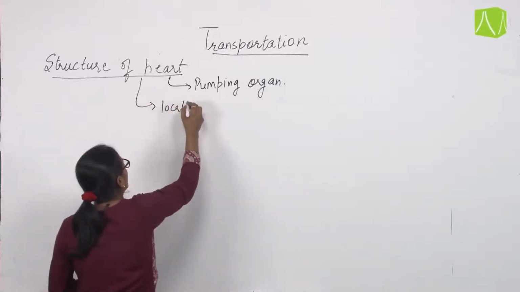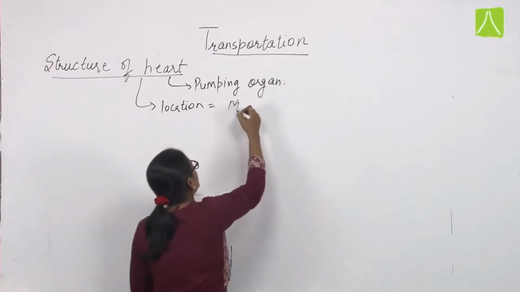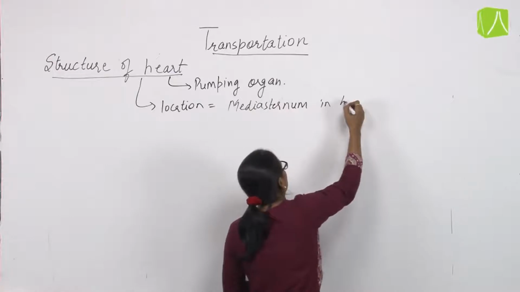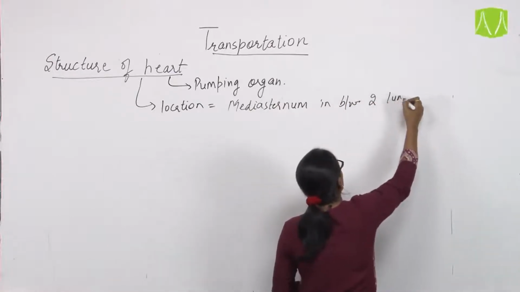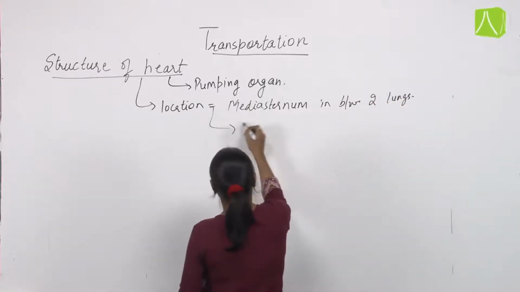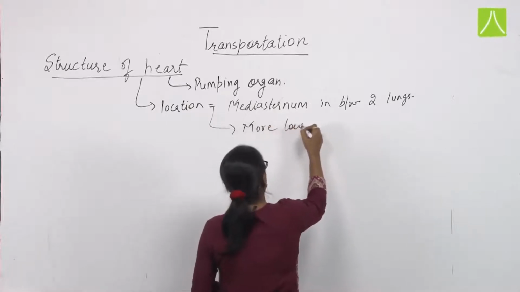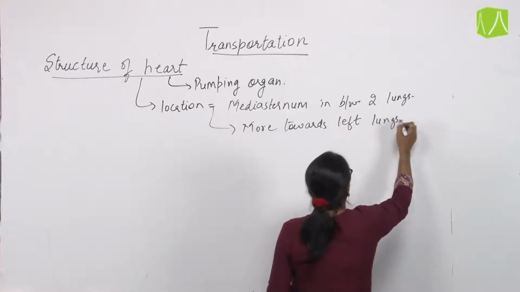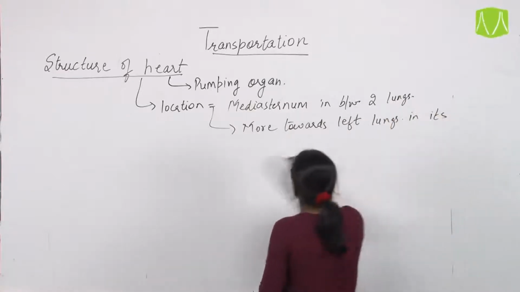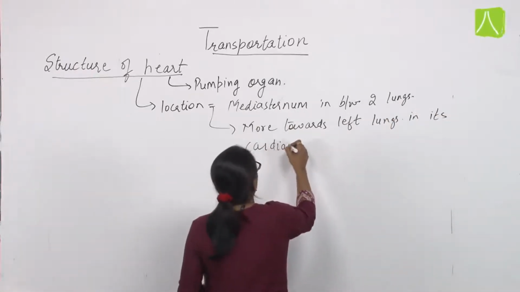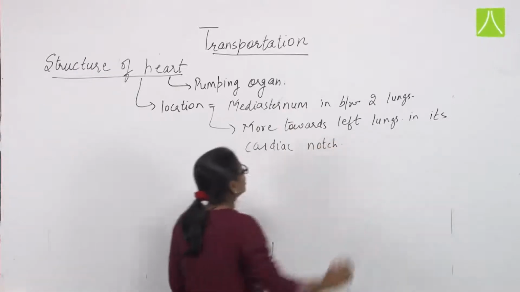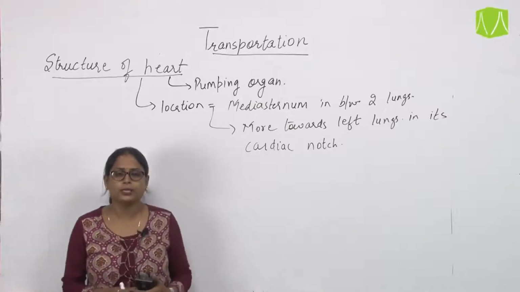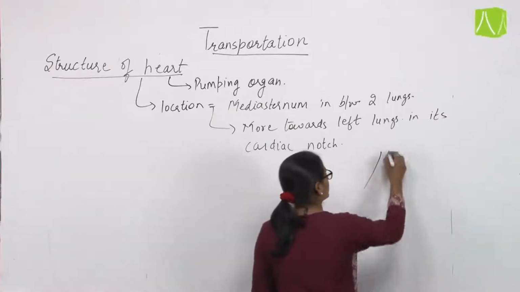The location of the heart is in the mediastinum, in between the two lungs, or you can say more towards the left lung, in its cardiac notch. This is the exact location of our heart: there is a notch present in the left lung.